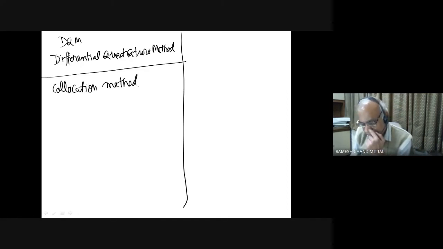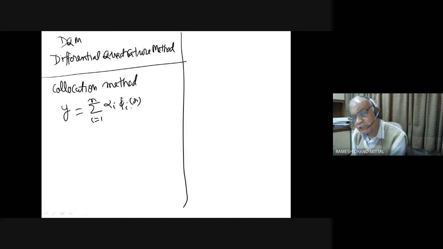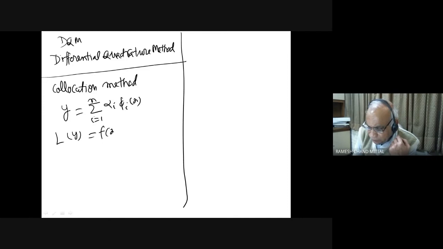Just see that I assume a solution in the form of my basis functions, the sum over i from 1 to n of alpha i phi i. Some basis functions are there, phi i. My basis function could be RBF or some B-spline or some other function. And I put it in the differential equation Ly equal to f(x).